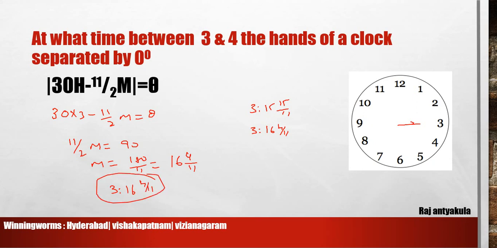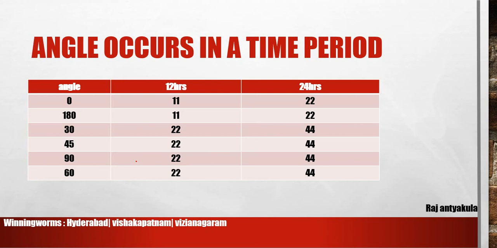Okay. Now look at this. Very important here. In 12 hours 0 degrees occurs 11 times. In 24 hours 0 degrees occurs 22 times. Similarly, 180 degrees occurs 11 times in a period of 12 hours, 22 times in a period of 24 hours. 30 degrees will occur 22 times in a period of 12 hours, 44 times in a period of 24 hours.